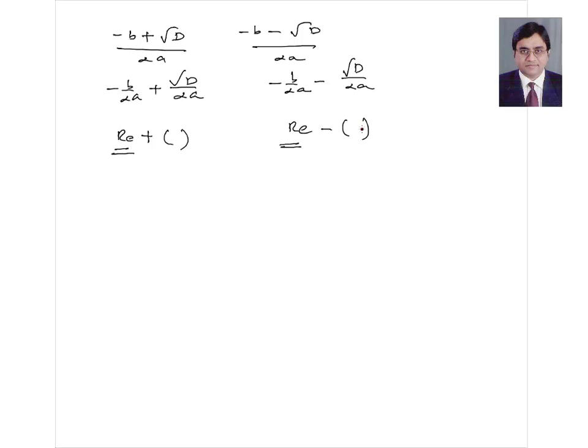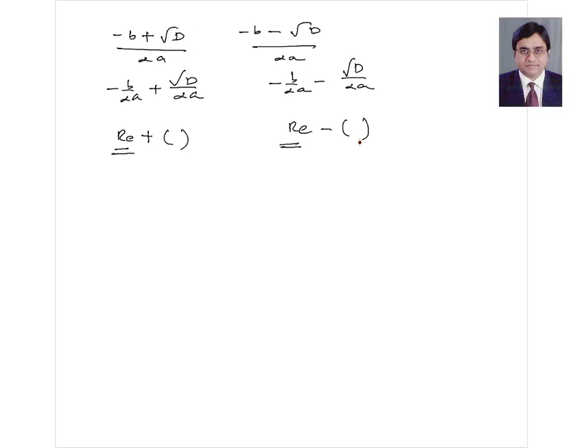Otherwise, this is identical to that. When you find such complex numbers whose real parts are same, and you will find only a sign difference for the other part, then such complex numbers are called conjugate complex numbers.